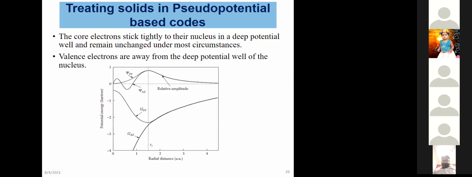So if we do our calculation of solving the Schrodinger equation with the pseudo potential, after a cutoff radius we will have the wave function as well as the potential identical to the all electrons. So there will be no difference in the property of the atoms if we do the calculation with pseudo potential or with all electrons.